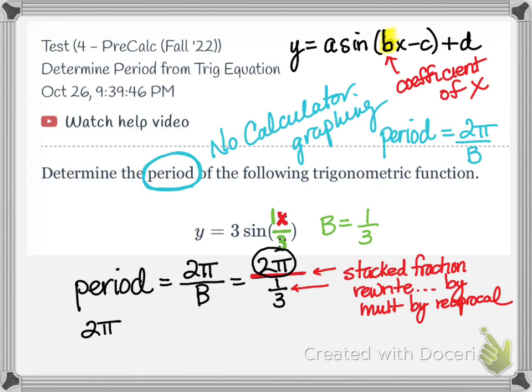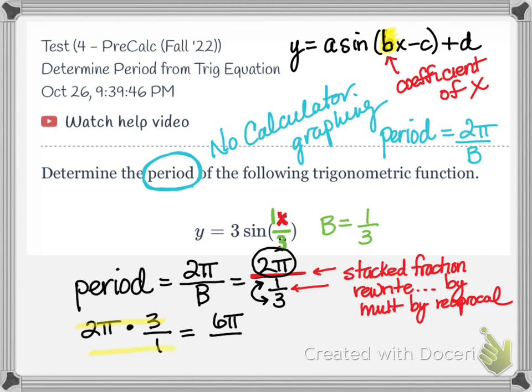And then you are going to multiply by the reciprocal of the fraction below that first line. So the reciprocal of 1/3 is 3/1. And then you will just multiply 2 pi times 3 straight across, and you get 6 pi over, well, 1, just multiplying by itself down here.